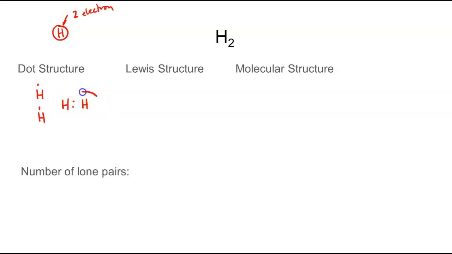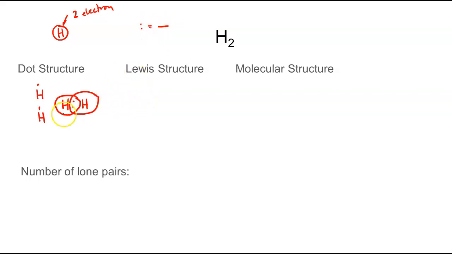And so we show that they are sharing electrons by putting a circle around them. This hydrogen has the 2 electrons that it wants, and this hydrogen has the 2 electrons it wants. When we have 2 dots, it means that those 2 dots form what we call a bond, and we show that bond by drawing a straight line.